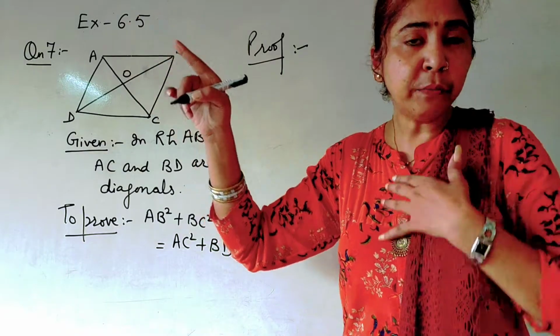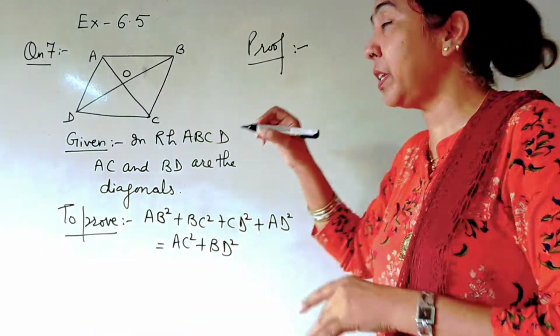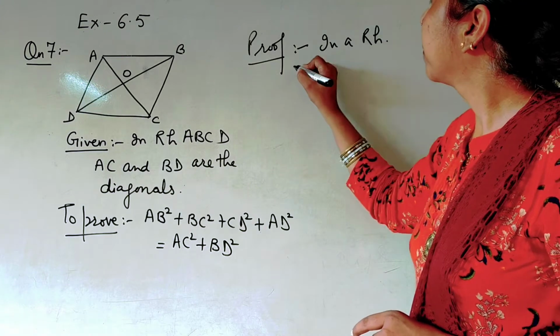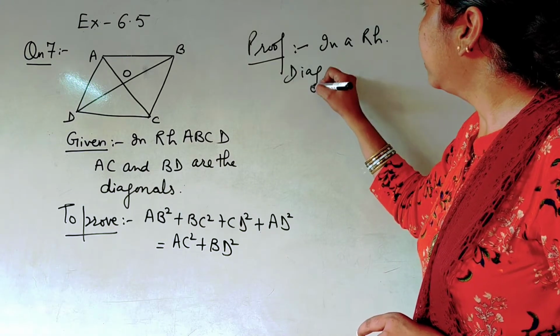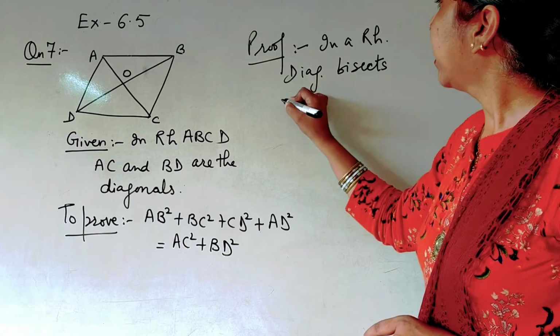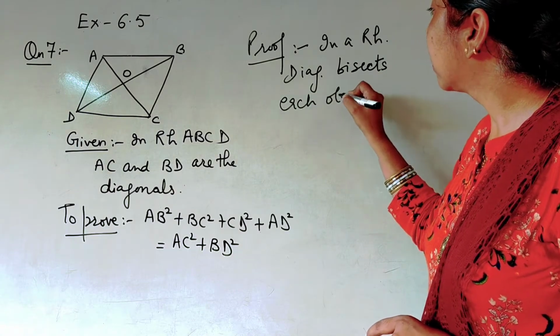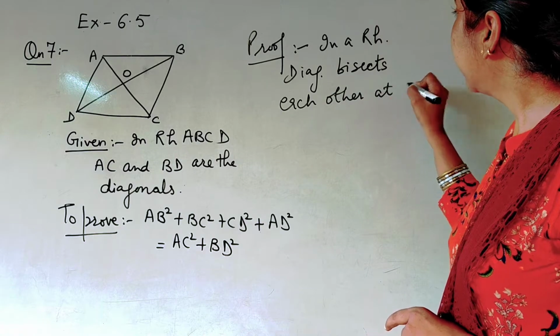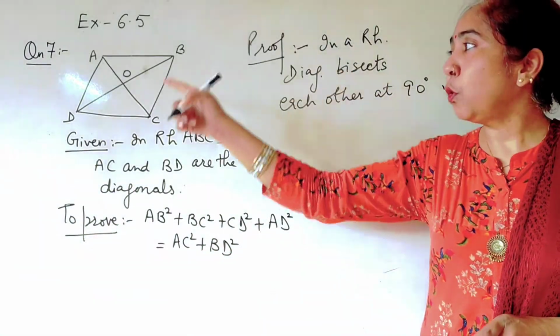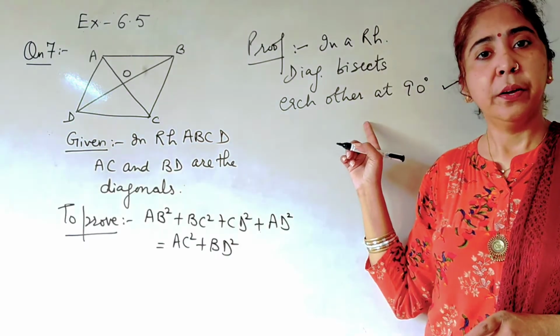First of all we write the first property of a rhombus: in a rhombus, diagonals bisect each other at 90 degrees. This is a very important property and the whole question is based on it.